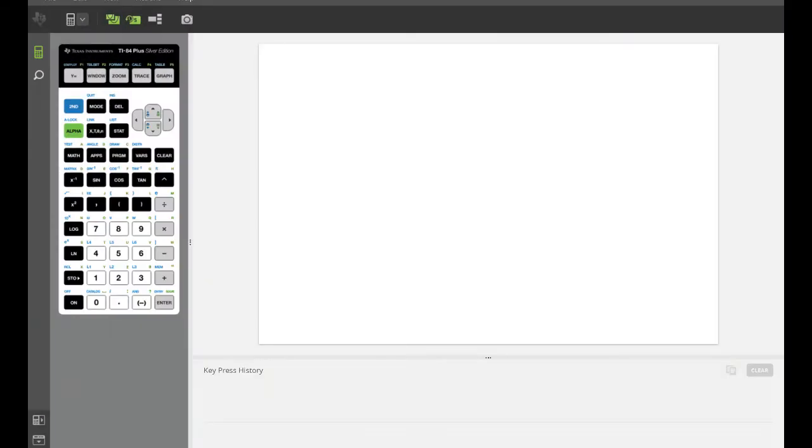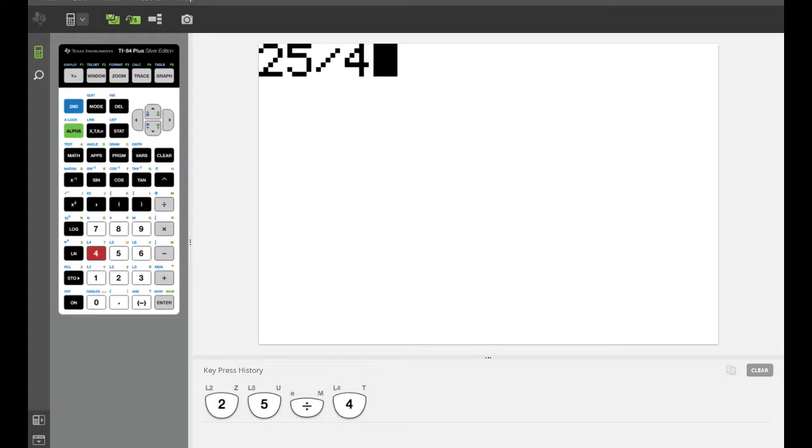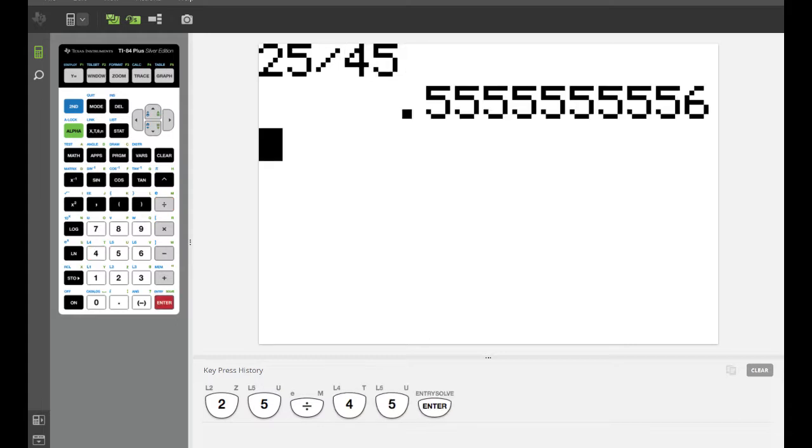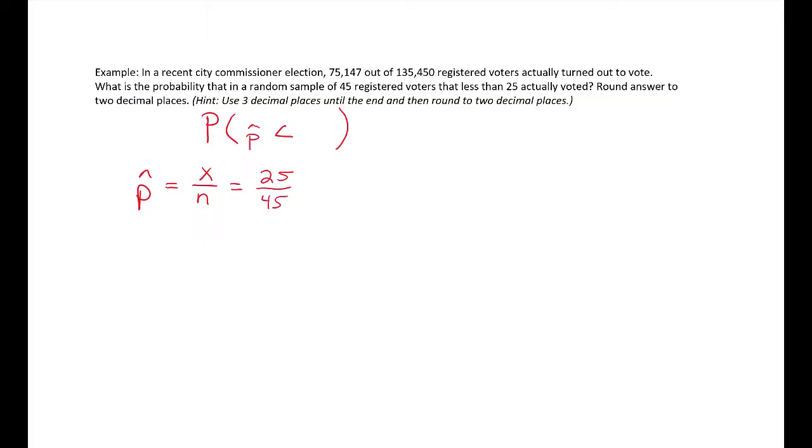So if we take 25 divided by 45, we get 0.555, a bunch of fives. Let's round to 3 decimal places. You get 0.556. So this is approximately 0.556. Okay, so that is our sample proportion.